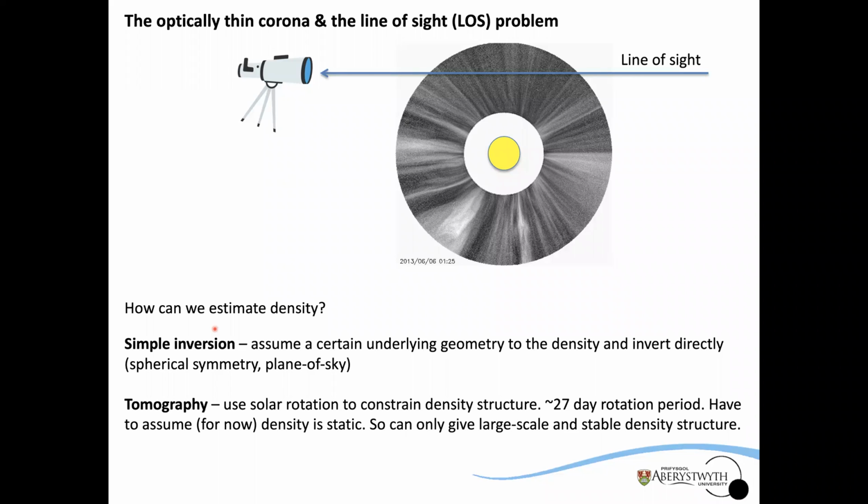And then you can invert the brightness directly to get density. Tomography, on the other hand, uses solar rotation to constrain the density structure. So we have approximately 27-day rotation period to the corona. And over that period, we assume the density is static. And we can then use the various views of the corona from different angles to constrain the density.